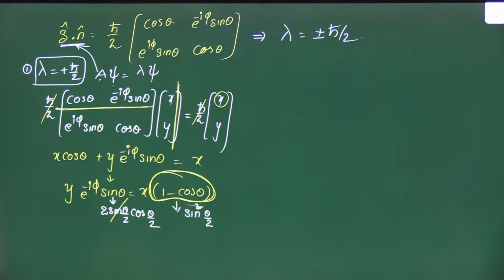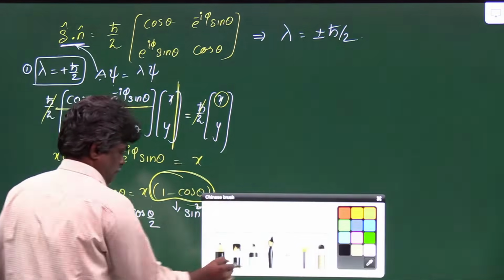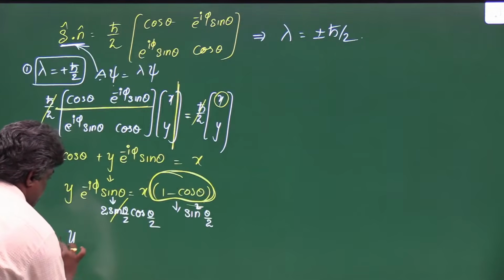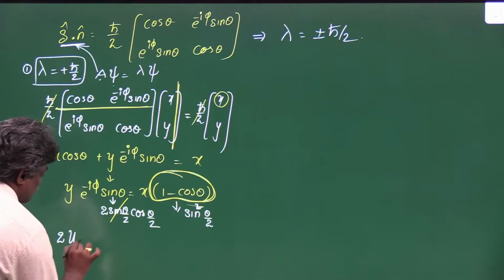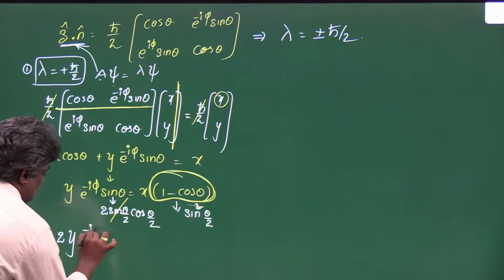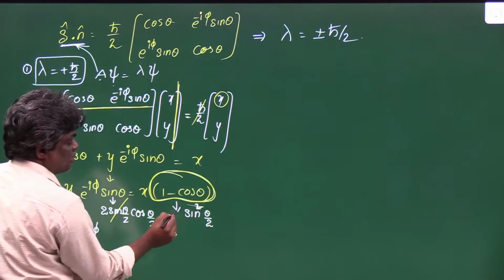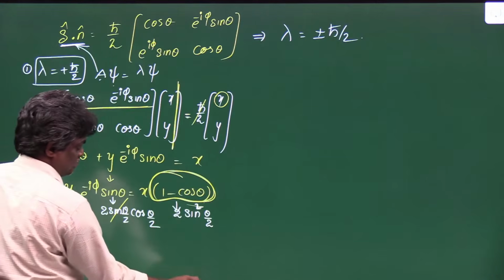So y into, sorry, 2y, 2y e to the power of minus i phi cos theta. Sir, 1 minus cos theta, here also 2 will be there.